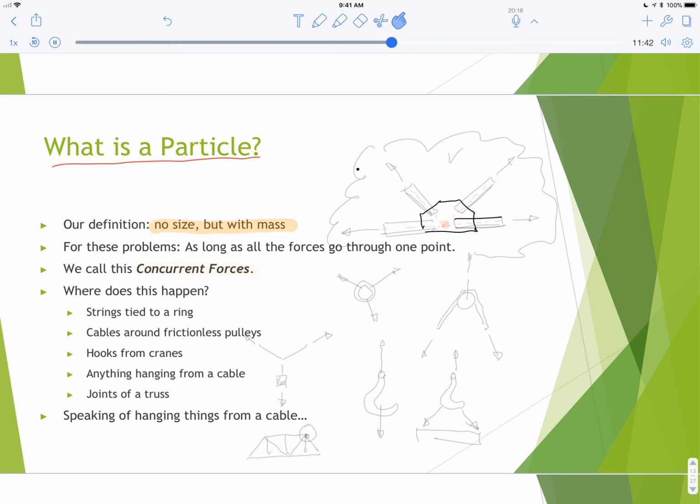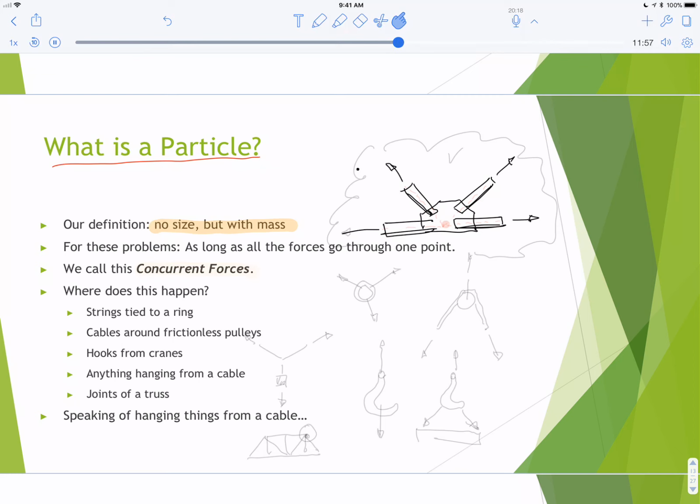So we had this problem earlier with a gusset plate, and there was some kind of force like that, some kind of force like this, some kind of force like that, and another force here.